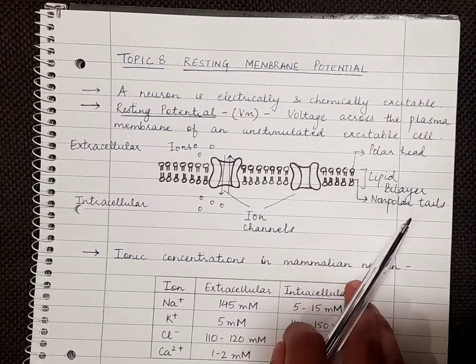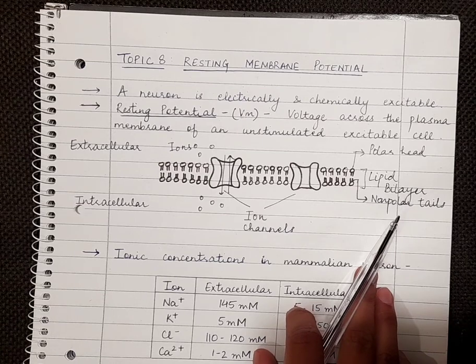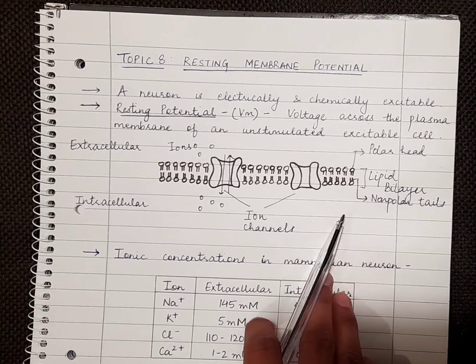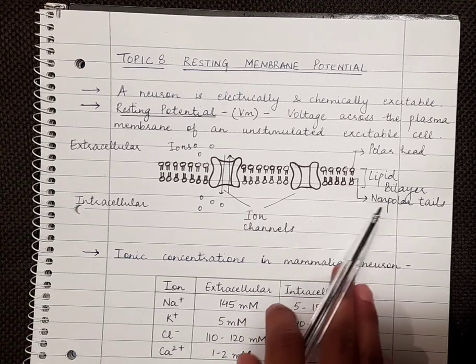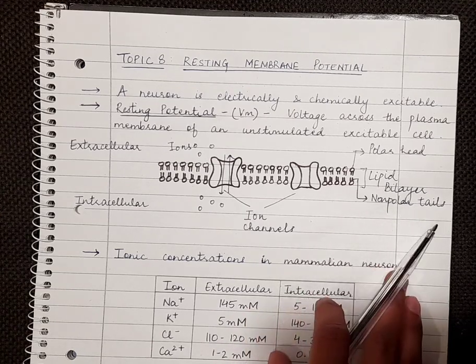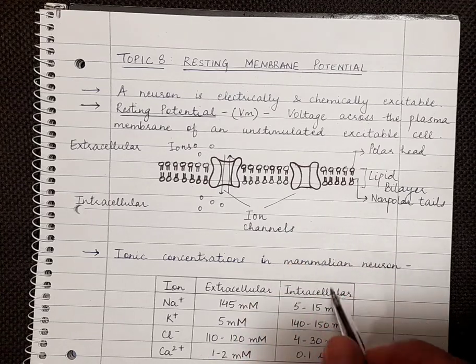Every ion channel is specific to that particular ion. Also, there are ion channels which open in response to a neurotransmitter, known as ligand gated ion channels. Right now we'll focus on the voltage gated ion channels only.